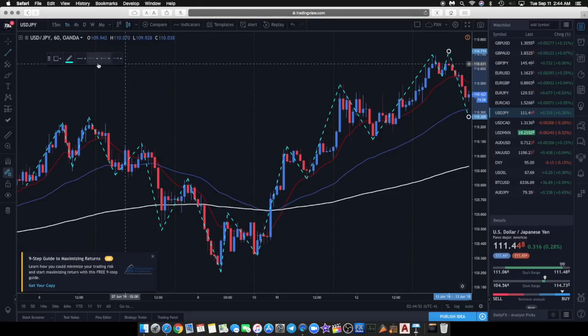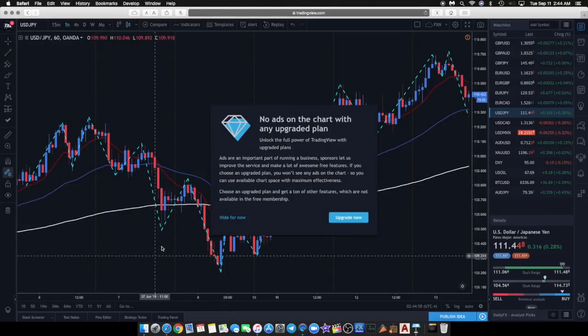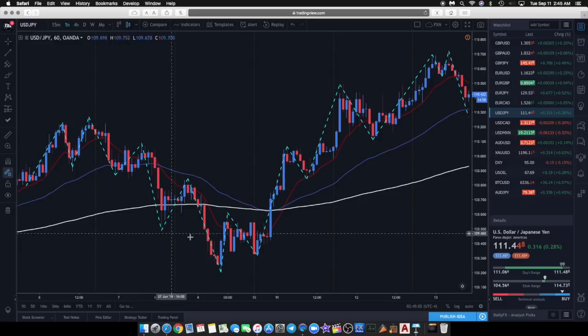All right, so as you can see, this is the market maker cycle. We have market makers going up, creating the high, coming back down, retesting the high, inducing traders.